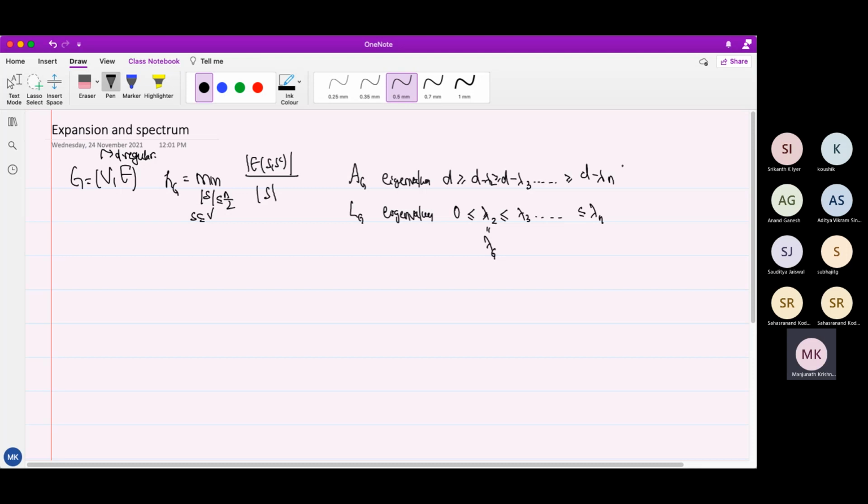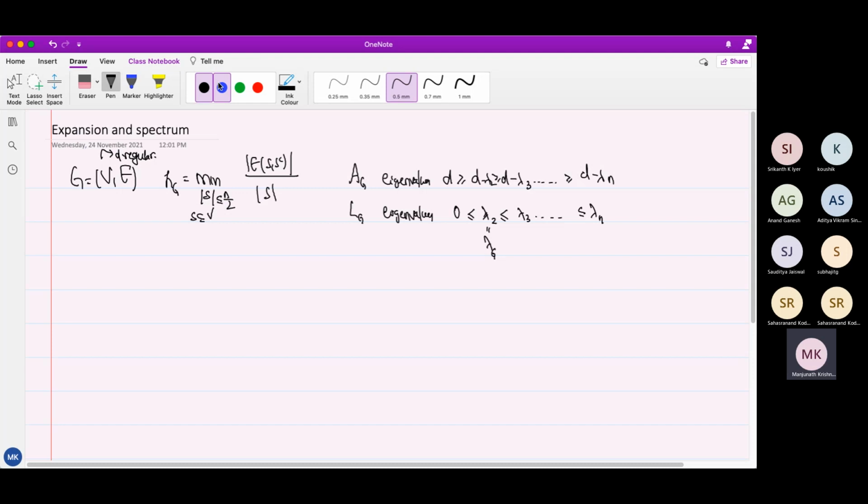Okay, those are the eigenvalues of the adjacency matrix. There is a strong relationship between the eigenvalues, the spectral properties, and the properties of the graph.